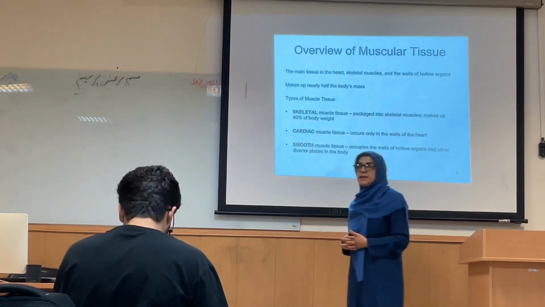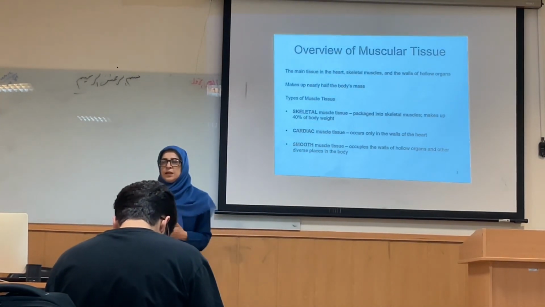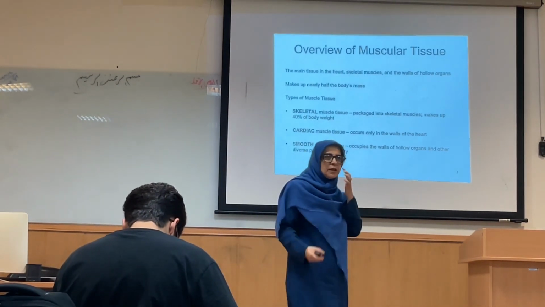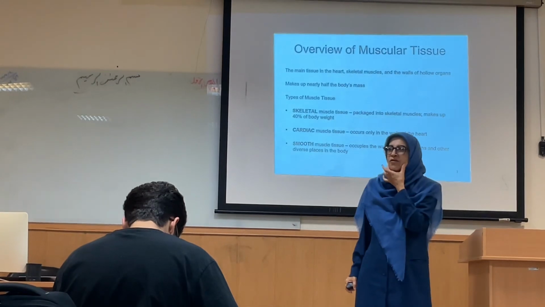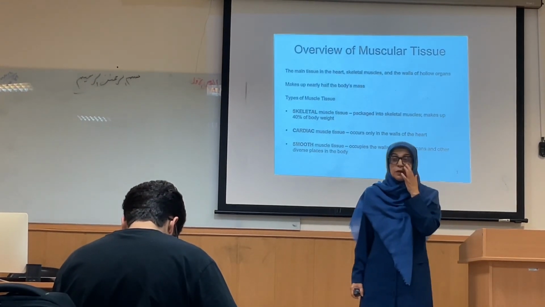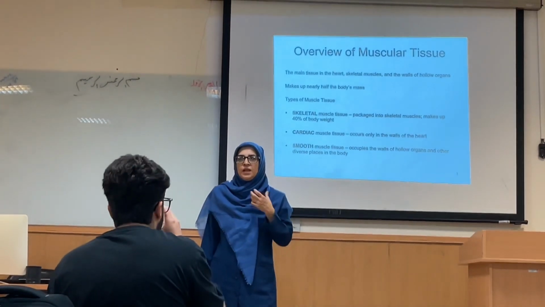Skeletal muscle cells are mostly attached to the bones, but there are some exceptions, such as some muscles in our face, named the expression muscles, that mostly attach to the fascia, to the superficial fascia.